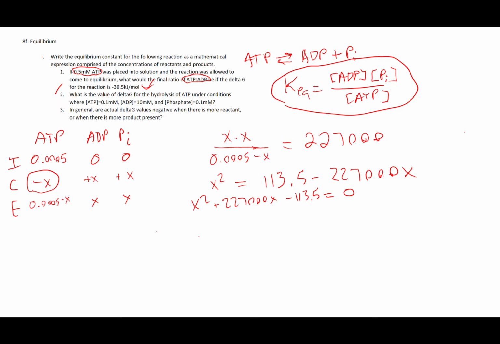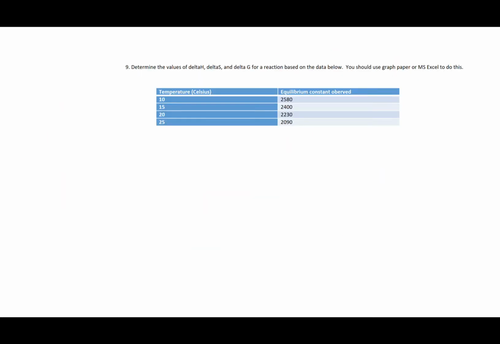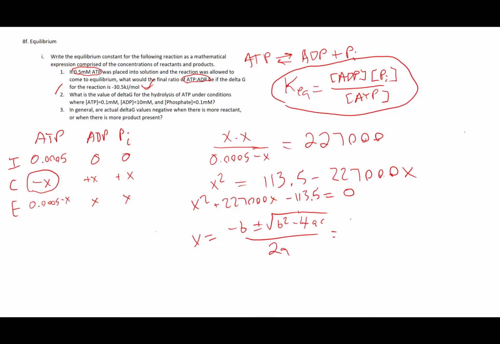So, all right, the quadratic equation is that x equals negative b plus or minus the square root of b squared minus 4ac all over 2a. All right, now start plugging stuff in there.